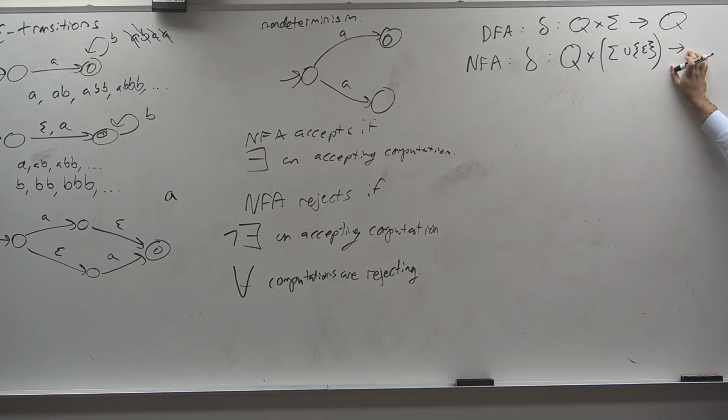Yes. The set of states is an answer in the output. So the codomain would be the set of states, which would be what? Almost. The class of states. Classes, as we'll see later in the class, is actually a technical term.